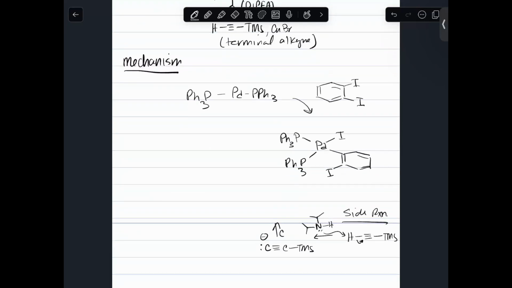Treats it with copper bromide. So now the Br minus is counterbalancing the conjugate base that we just made.